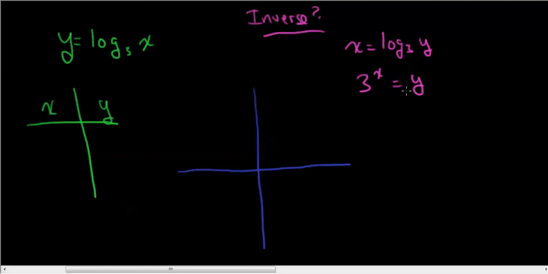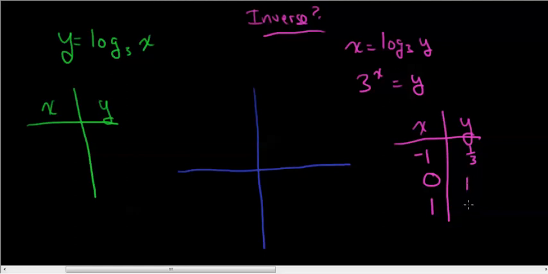Aha! I know how to quickly find x, y points for an exponential, right? I'm interested in x equals -1, x equals 0, and x equals 1. When x equals -1, this is 1/3. 3 to the 0 power is 1. 3 to the 1 is 3.